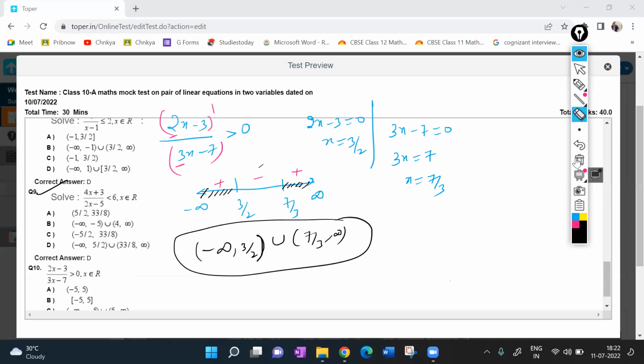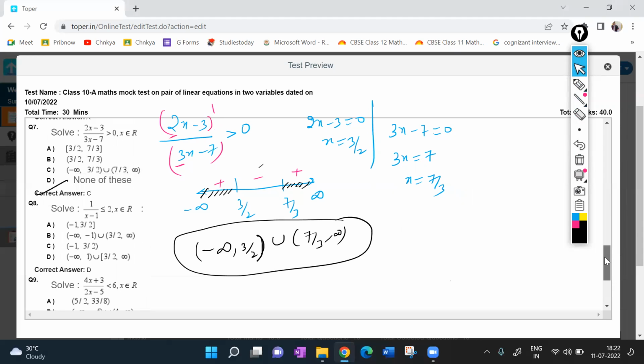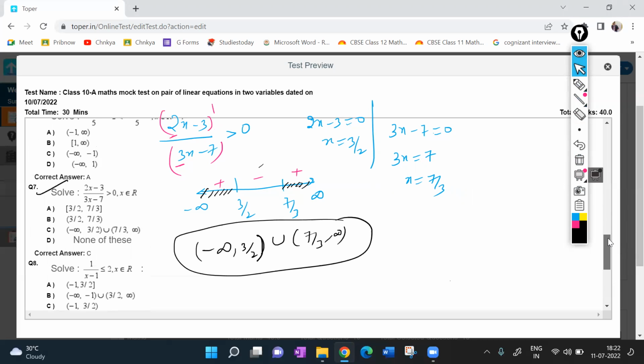Now we'll move forward. Sir, but the options are not simpler, sir. Which question are you talking about? For this question only, 2x minus 3 by 3x minus 7 greater than 0. So option C is correct only, right?